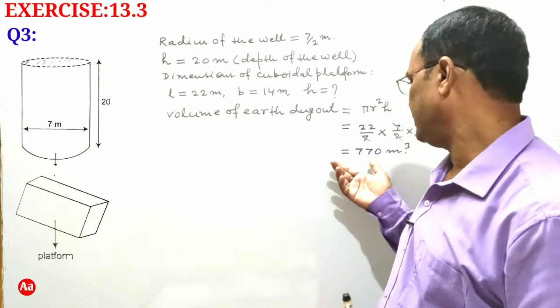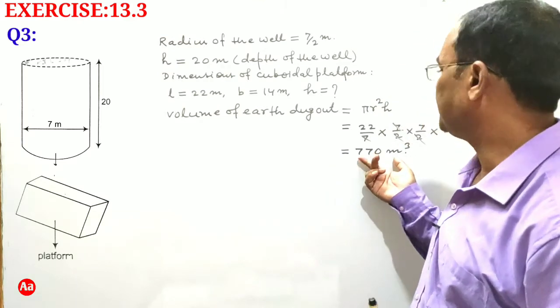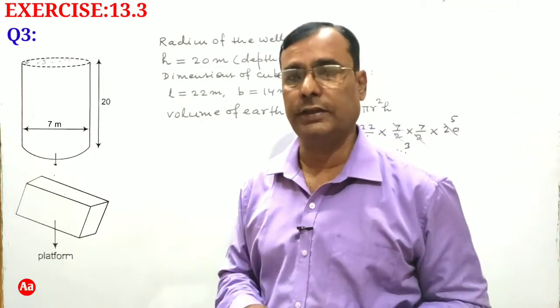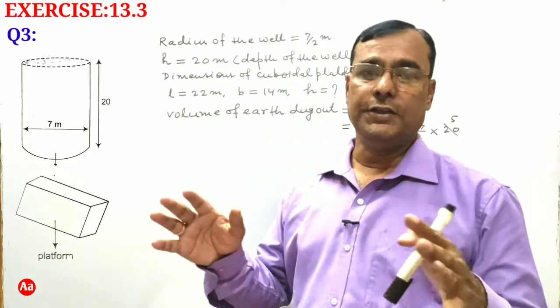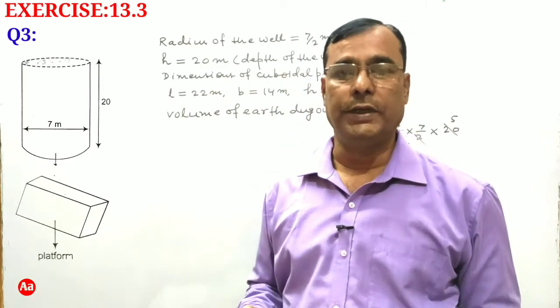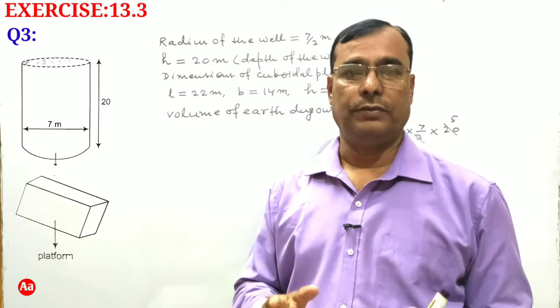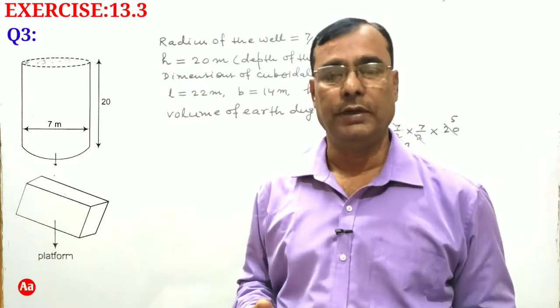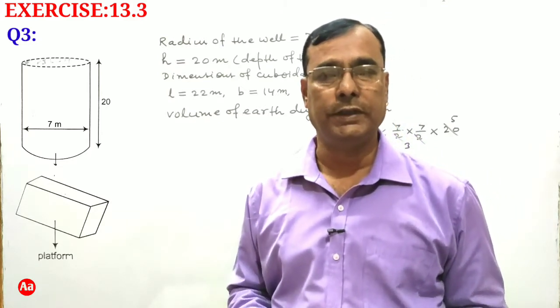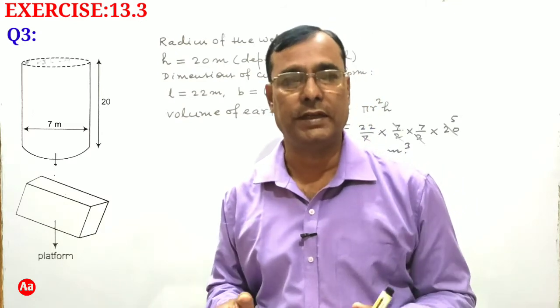Now this earth, 770 meter cube volume of earth, is evenly spread out to form a cuboidal platform. So volume of the platform will be equal to volume of the earth dug out from the cylindrical well.